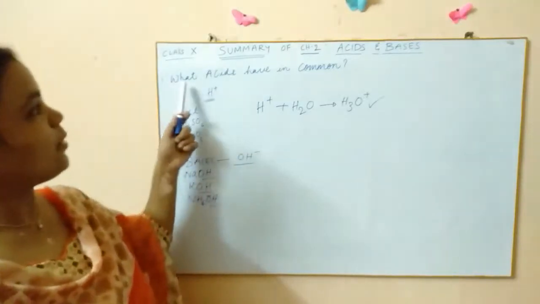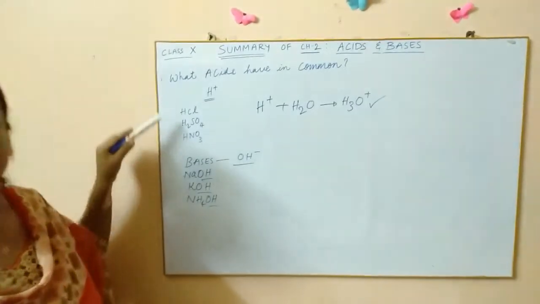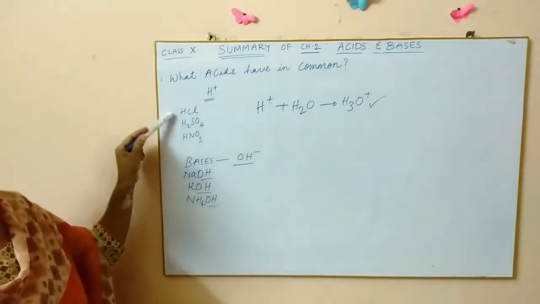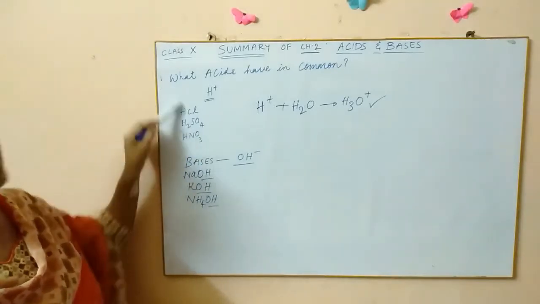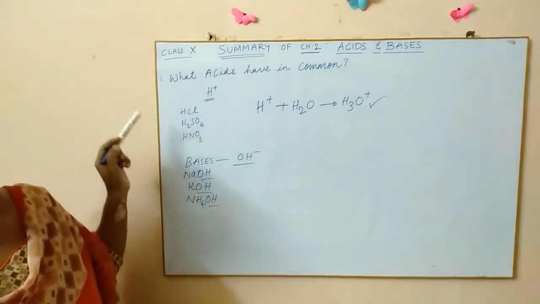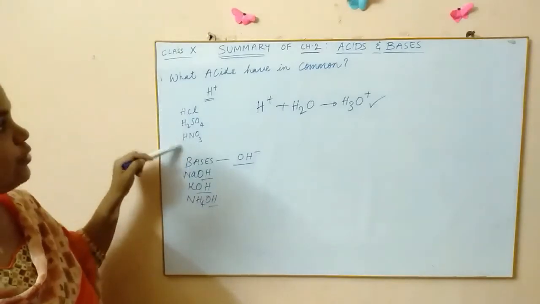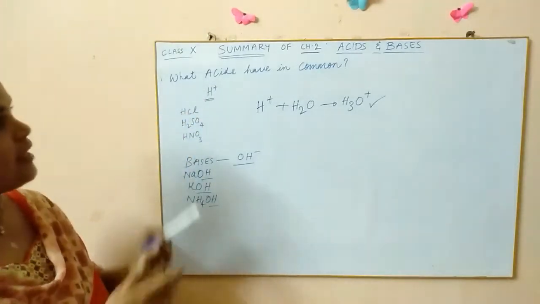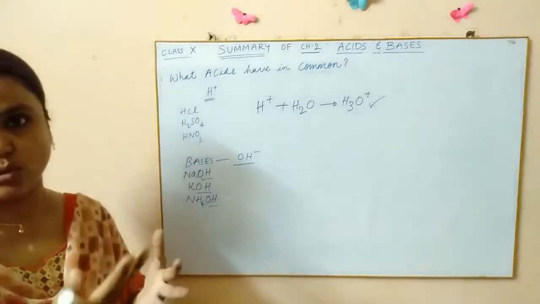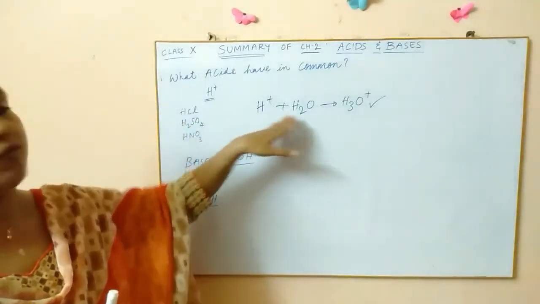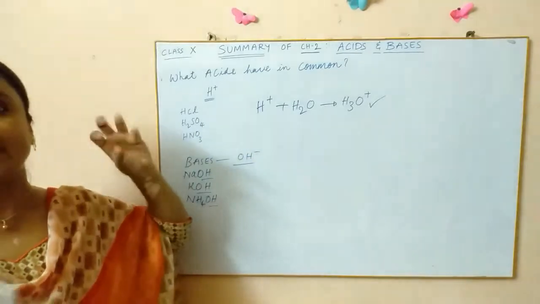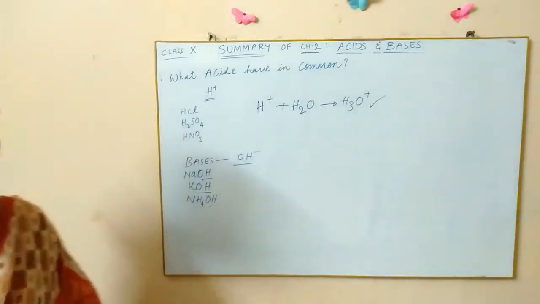Okay. Now as you can see, some examples of acids: hydrochloric acid, sulfuric acid, nitric acid. You can see that all of these have hydrogen in common, children. So these acids give off one proton, nothing but H+ ion, when they are dissolved in water. So they dissociate into hydrogen ion.